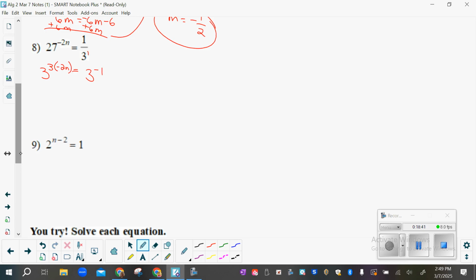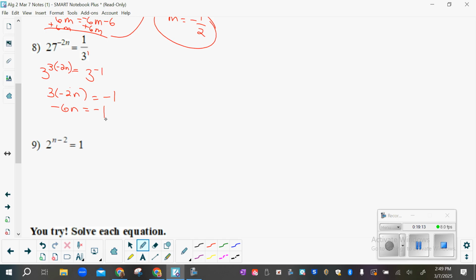So you can take the exponent, which is 3 times -2n, and set it equal to -1. So some of you might have gone right away and multiplied that. Does that make sense? Okay. So now, all I did is I took the bases away, set the exponents equal to each other. So I have -6n equals -1.